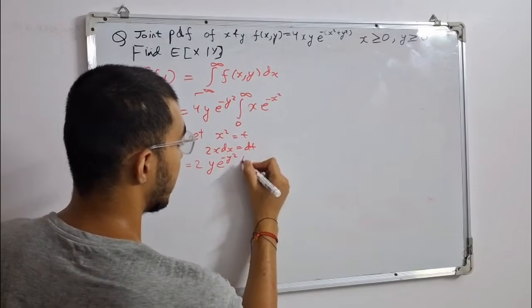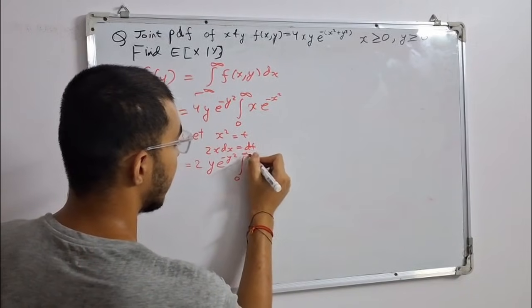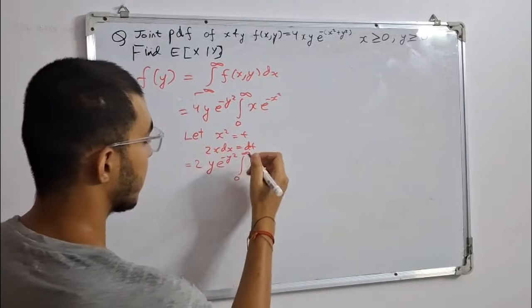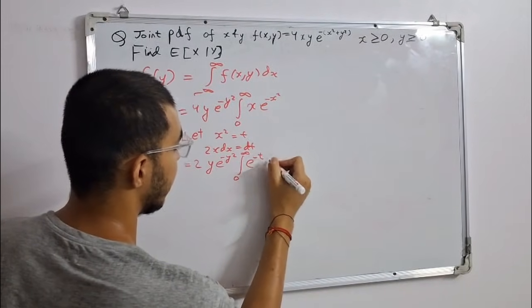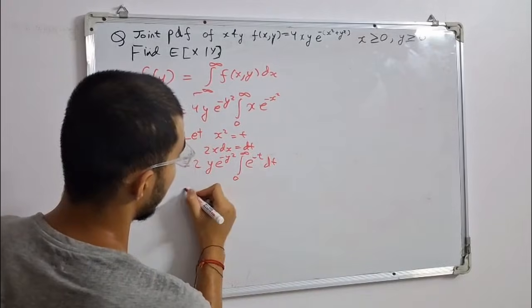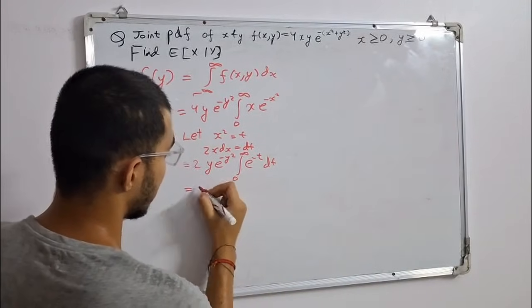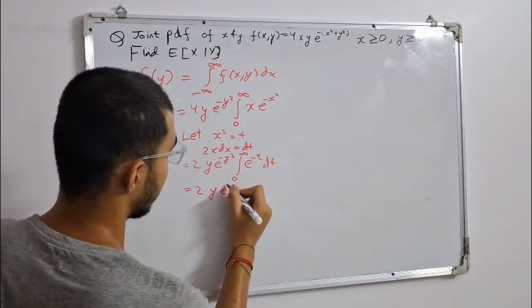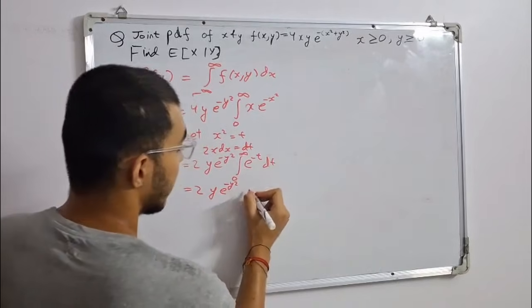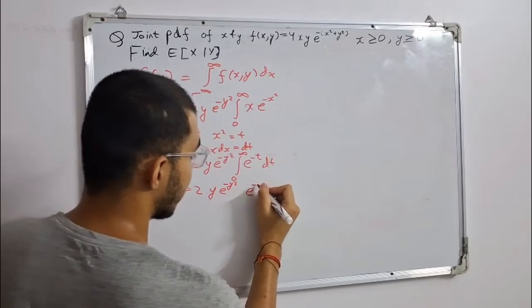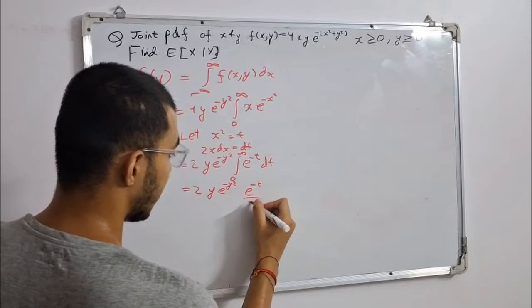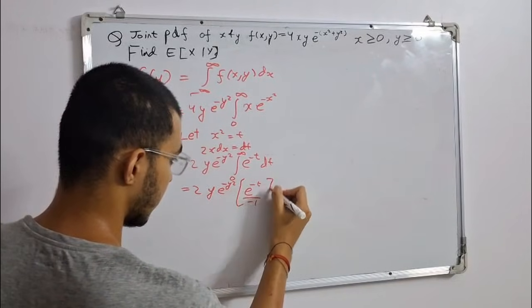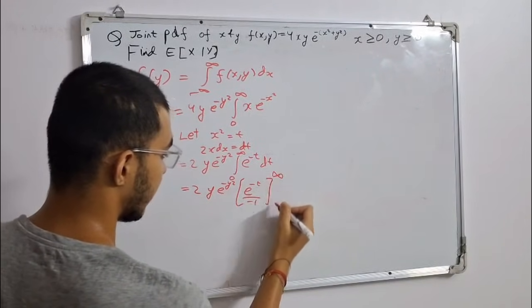integral 0 to infinity, limits will stay the same, e to the power minus t dt. So when we integrate it, it will become e to the power minus t divided by minus 1, from infinity to 0.